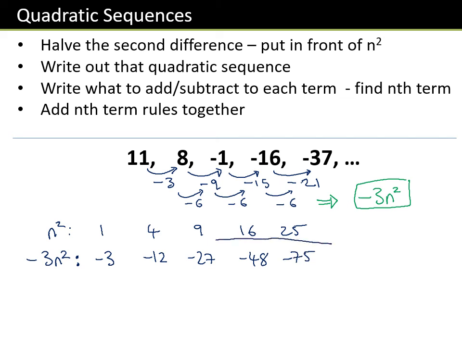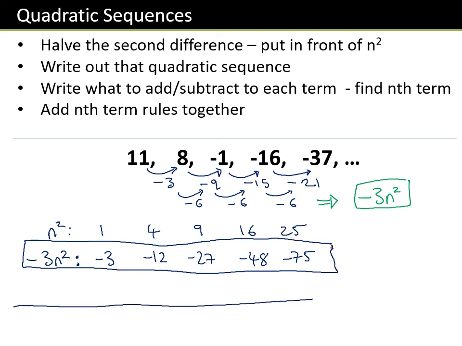Right. So this is one of the key things that my sequence relates to. I'm going to write my sequence out underneath it that I'm trying to find the nth term to. 11, 8, minus 1, minus 16, minus 37.